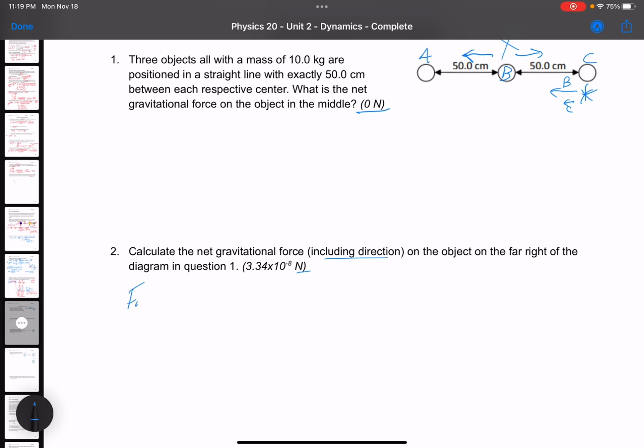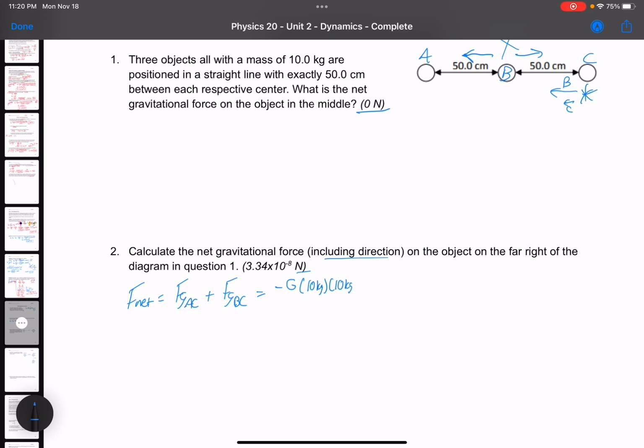So F net is going to be the force of gravity on A and C plus the force of gravity on B and C. Now again, you can figure out that this is left, so you could do this all as positives if you want, but I'm going to throw the negative in there, so negative G. And again, if you skip to this part of the video, I'm not going to write the G out every time just to speed the video up a little bit. So the mass of A, 10 kilograms.